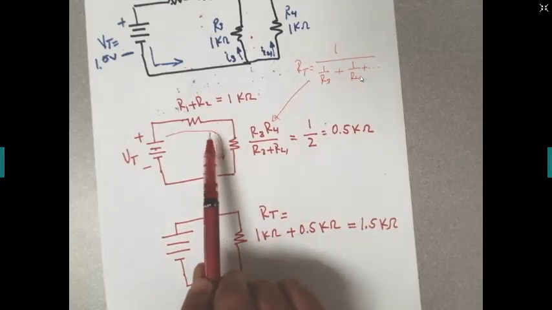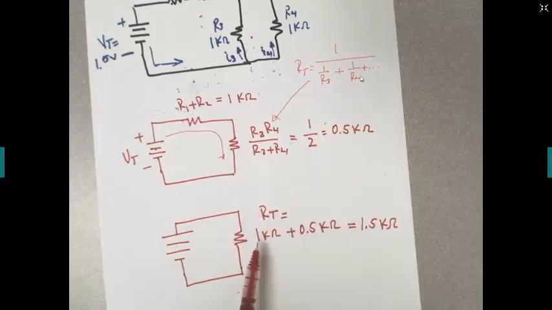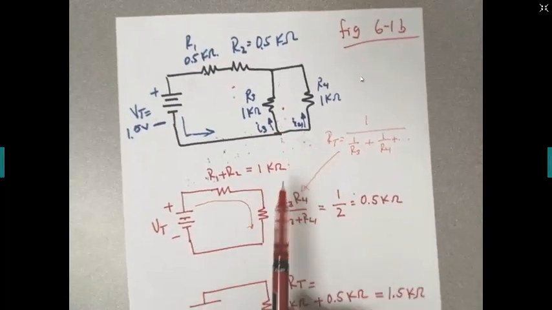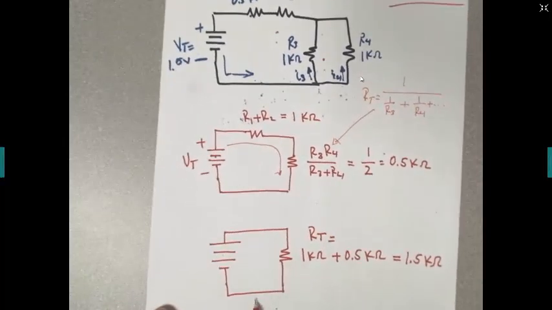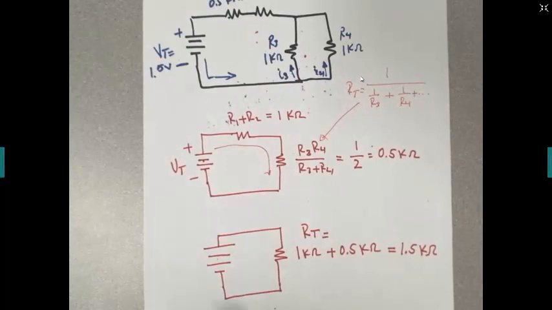If this is 1 kilo ohm and this is 0.5 kilo ohm, we add 1 plus 0.5, and that gives you 1.5 kilo ohms. So this circuit is equivalent to this one right here. And the voltage doesn't change, of course.